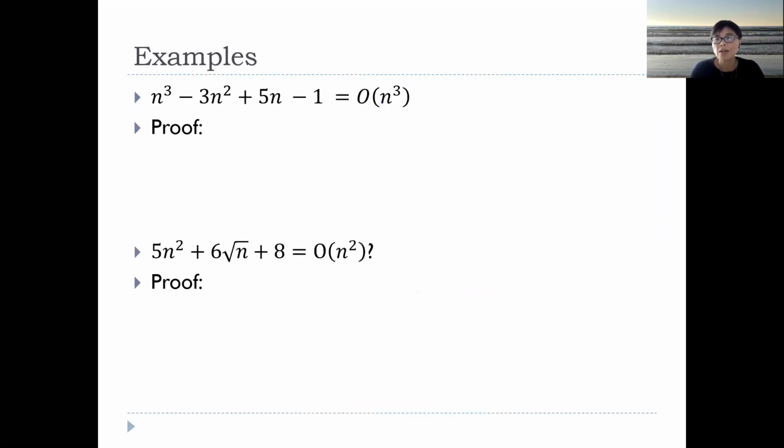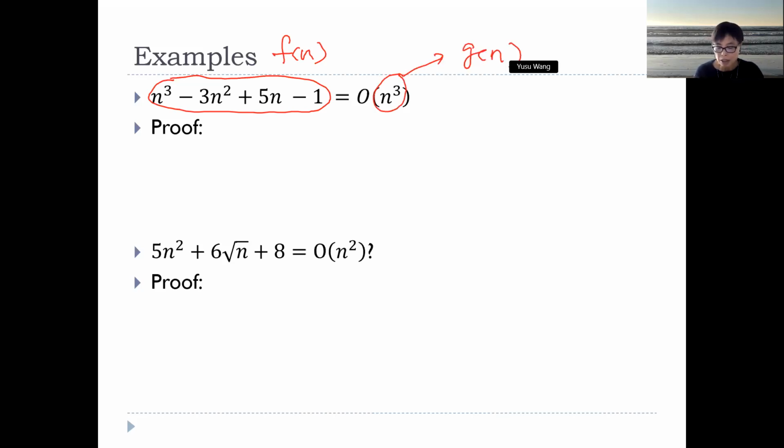All right, so let's look at some examples. Let's first look at the first one. The left-hand side is our f of n, and this is our g of n.